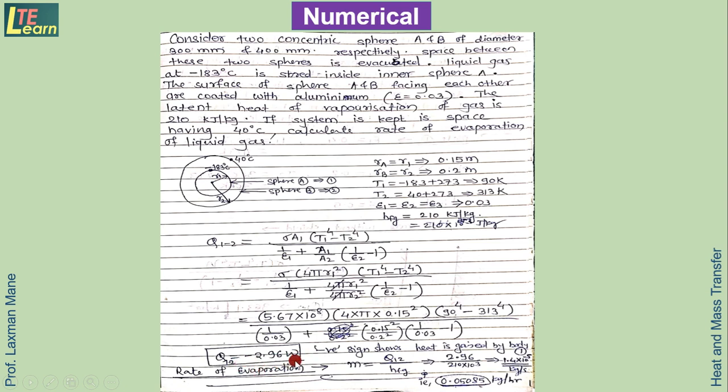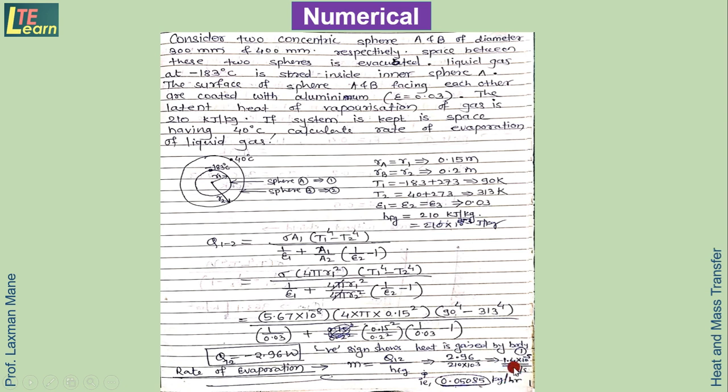Now to find the rate of evaporation, meaning mass flow rate, we know that Q is equal to m into HFG, the enthalpy of evaporation. So by using that expression, m is equal to Q upon HFG. Q calculated in watt is divided by the HFG value, 210 into 10 raised to 3 joule per kg.